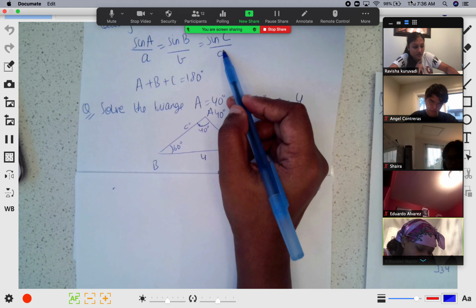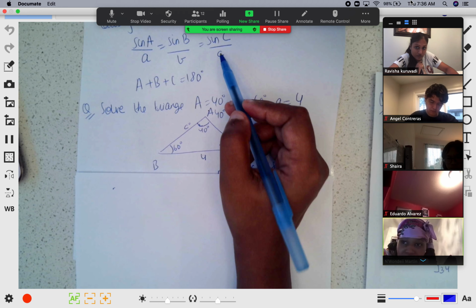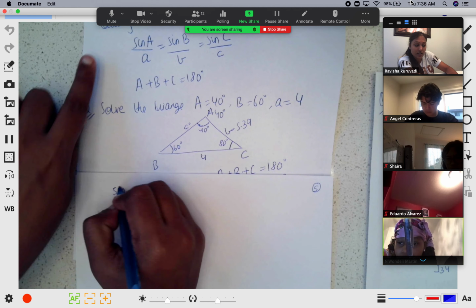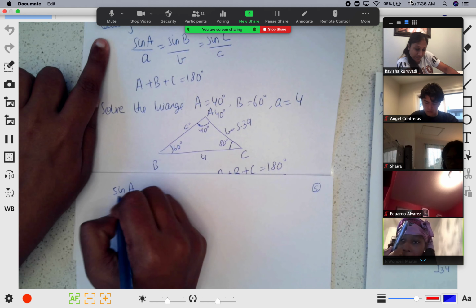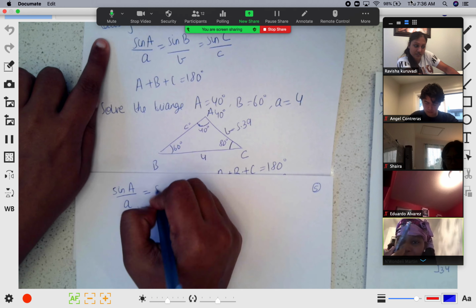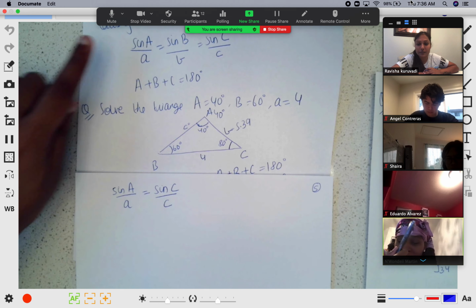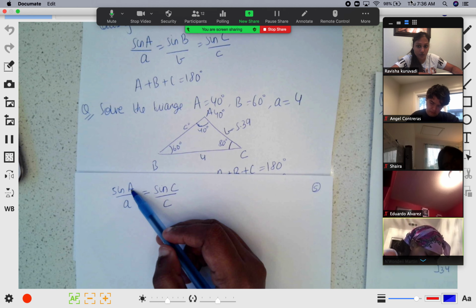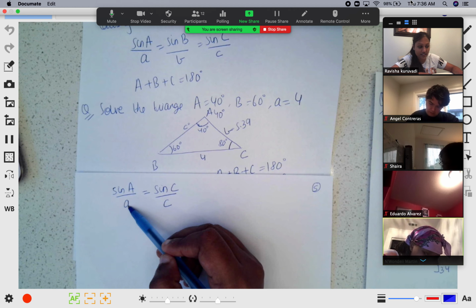Would you use the Pythagorean theorem? No, we'll use this only. You are correct. Law of sines only we'll use. But this time we will use this thing. That's it. We will not write the B term. These terms we know, A and this A we already know, and C we already know, so we can find this small c.